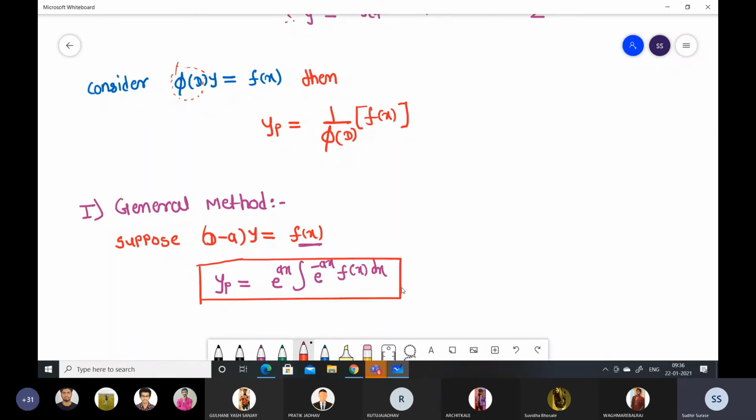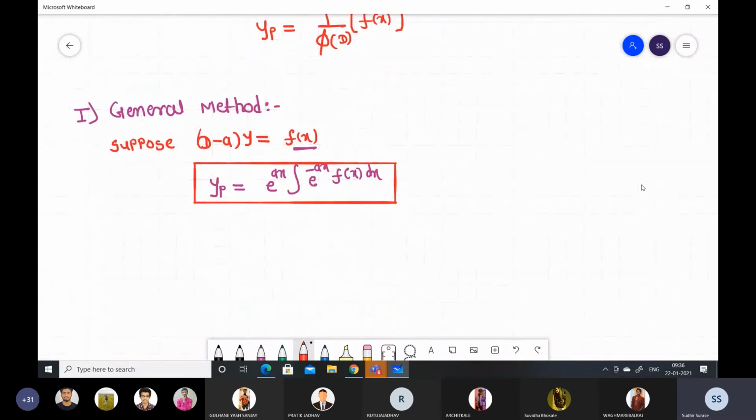Now you might be wondering, sir, how did we come to know about this formula? Actually, it follows from the method of the first order linear differential equation. So let me give the proof of this. It is not required, but you should understand the proof. So (D - a)y = f of x, therefore it is dy/dx - a times y = f of x.